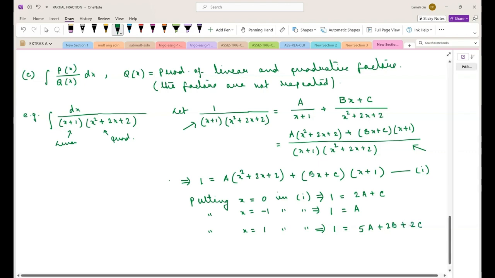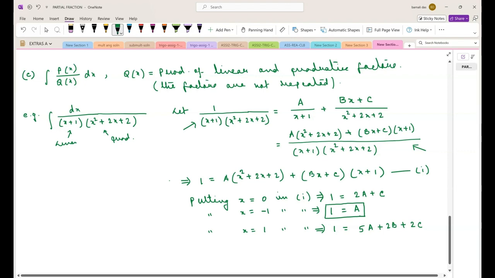Putting x equal to minus 1, this vanishes. Such a thing will happen only with minus 1. The factors are like that. So only in this case you get the value of the constant directly, A equal to 1.